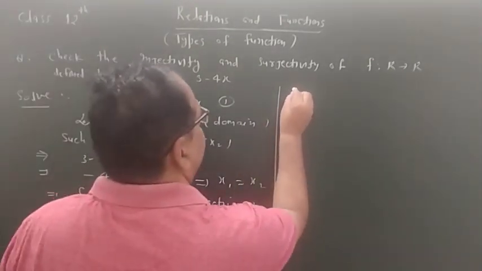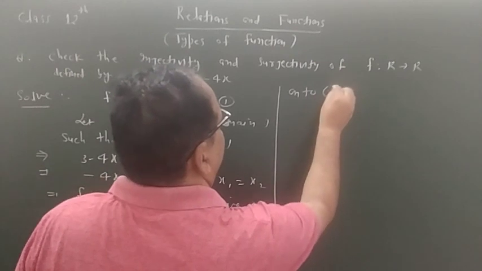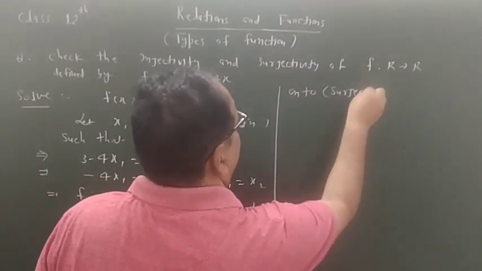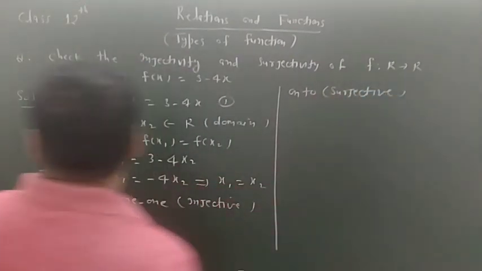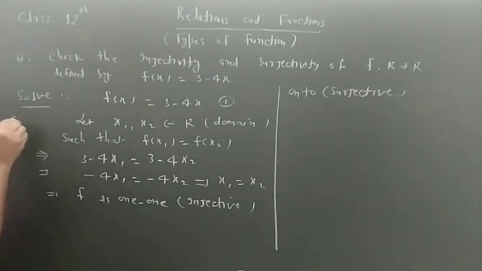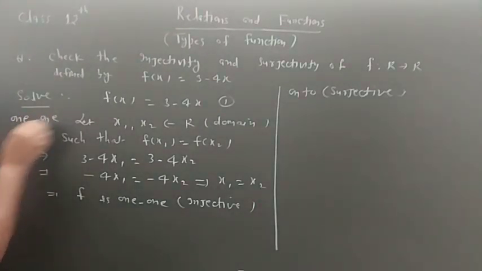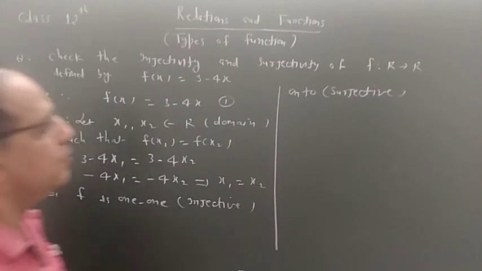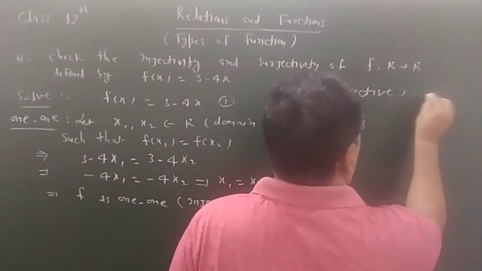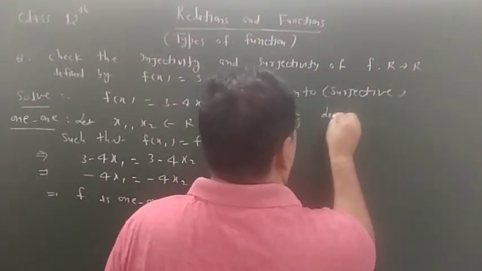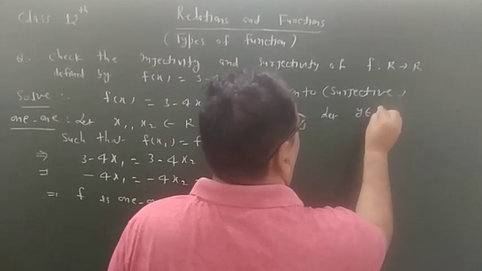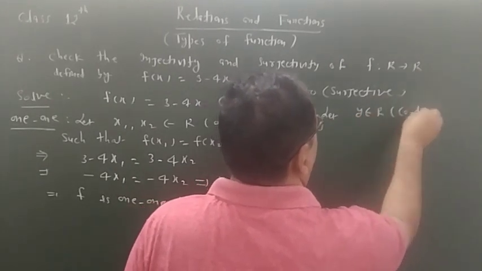Now the next part, surjective. Here f is one-one. Let y belong to our codomain.